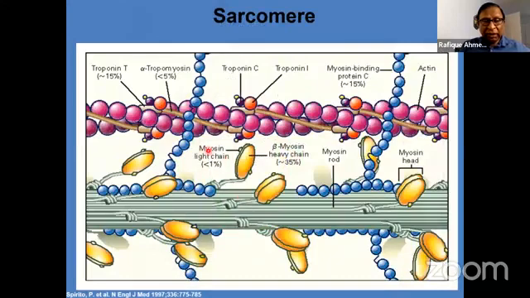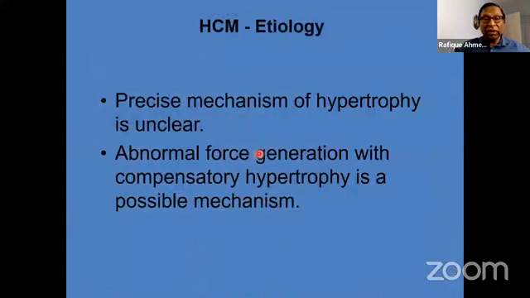There can be disease of all these structures, which is very much related to hypertrophic cardiomyopathy. What happens is that these structures become inefficient, and then the myocardium tries to contract, and it causes abnormal force generation with compensated hypertrophy.